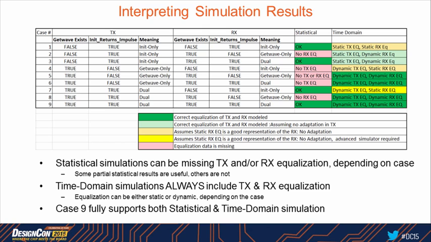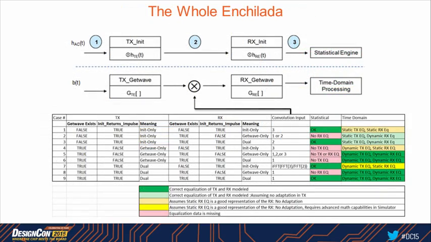Okay, and as we've already said, case 9 really represents our best possible case. All right, if we put it all together in one slide, it looks like this. And so, if you were to print this and put it up on your wall, it might not be a bad little thing to have there when you're running with AMI models.